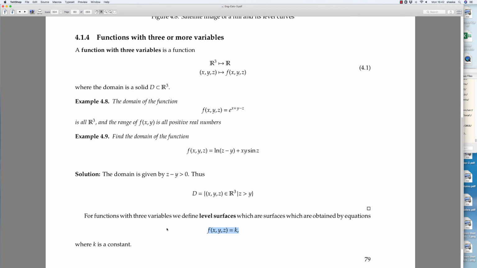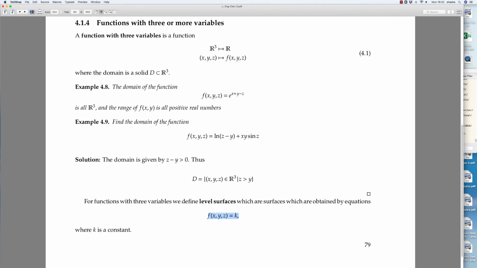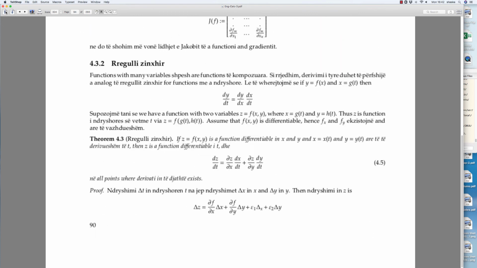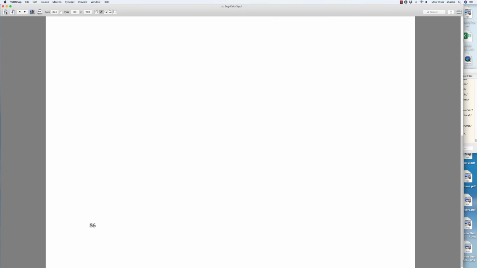But we cannot actually see what happens in the graph, because in that case we will need 4 dimensions, which we cannot really visualize. I do have, I believe, one example of this where you can get an idea.